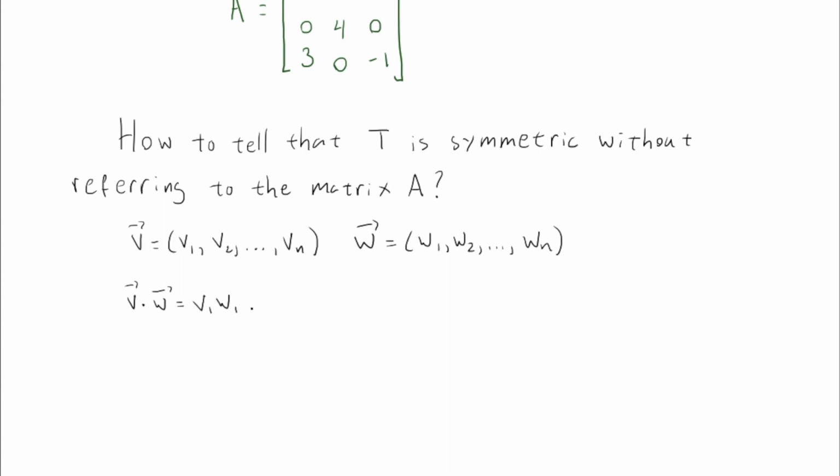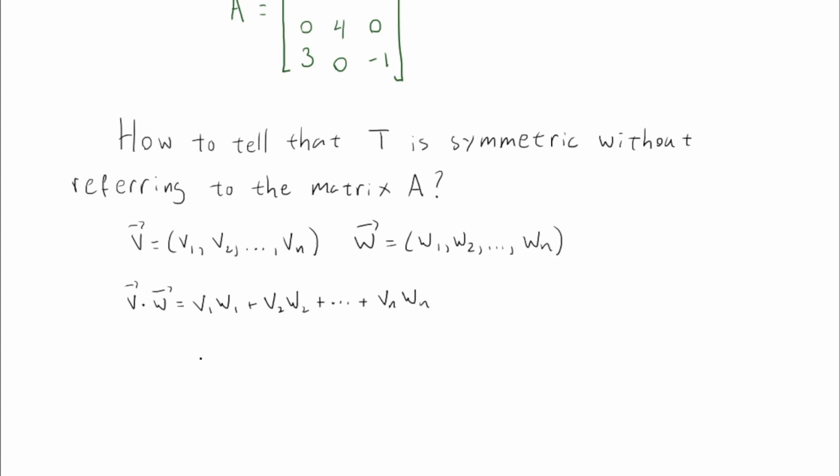So first component of V times first component of W, second component of V times second component of W, plus nth component of V with nth component of W. Right, so that's the dot product between them, which you can write as a matrix multiplication.